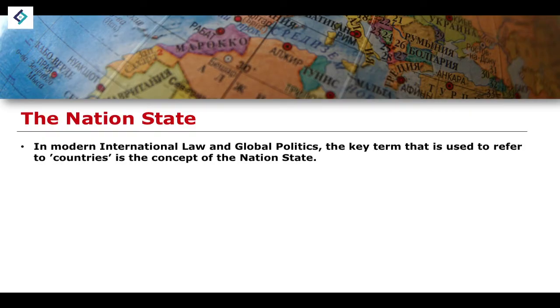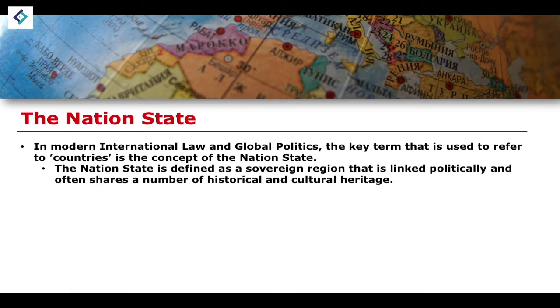And so within these different subjects, the way in which we refer to countries is using the concept of the nation state. It's a much more technical way of saying it. It's a much more precise way of saying it. And it applies a lot more of the theory that has been developing over the hundreds of years that we have conceived of the modern nation state.